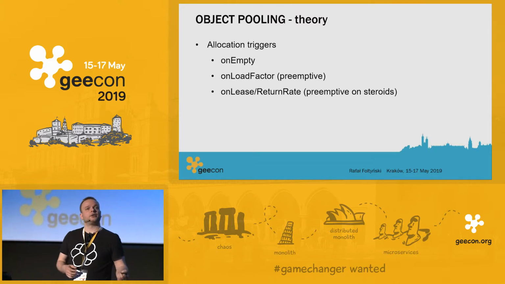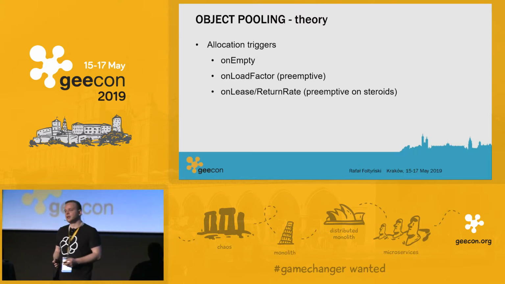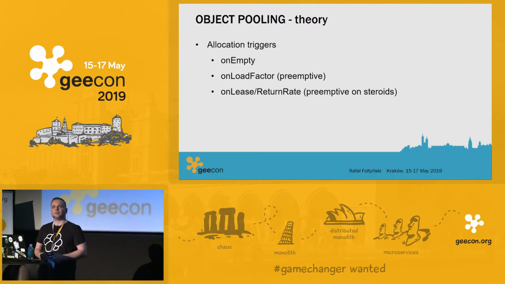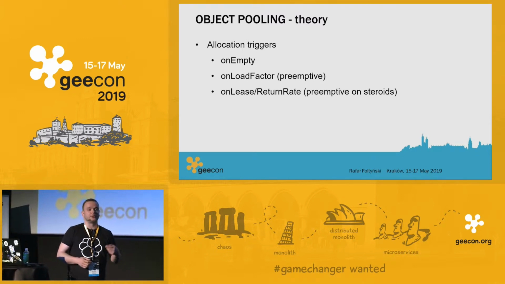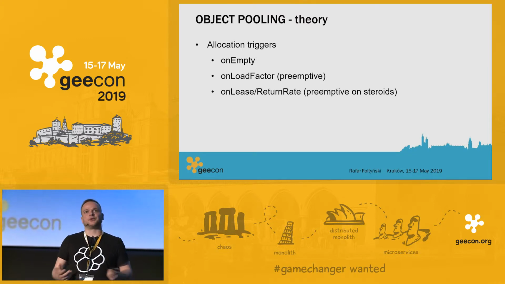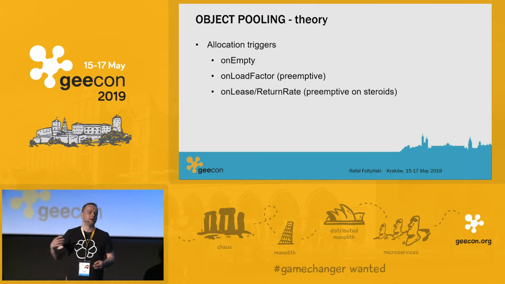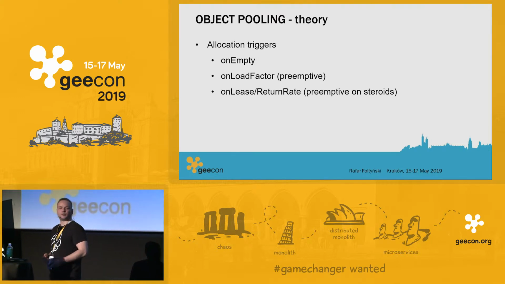That's why you can do it preemptively. You can use the load factor: if your pool is exhausted by like 80-90%, you can pre-allocate some objects in the background, or you can use more advanced algorithms analyzing lease and return rates to predict when your pool will run out of objects and allocate preemptively.